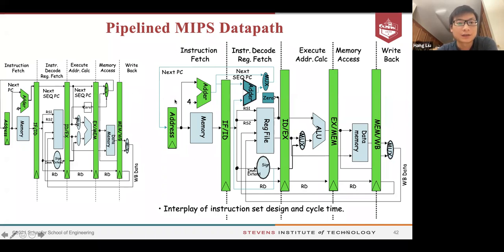Clearly, you can see they do the branching, like deciding the next PC, earlier in the instruction decode versus in the memory access. So this saves quite a bit of cycles. We say 1, 2, 3. So this goes from a 4-cycle penalty to a 1-cycle penalty. So it's like saving 3 cycles, right?